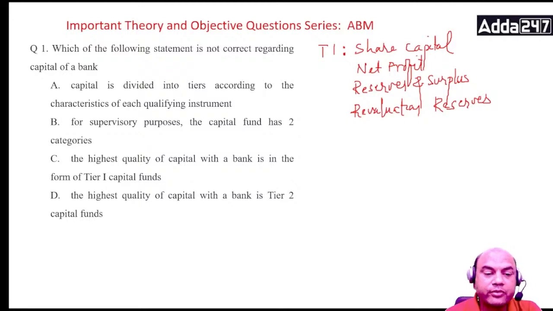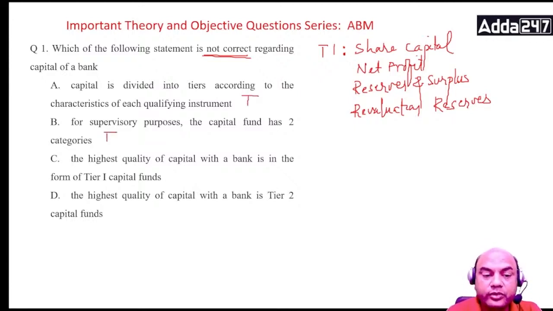Coming back to this, for supervisory purposes capital has two categories, T1 and T2. The highest quality of capital with the bank is in the form of Tier 1 funds. Now the question asks which one is not correct. The option says the highest quality of capital with the bank is in the form of Tier 2 capital. Options A and B are correct: capital is divided into tiers according to each qualifying instrument, and there are two categories.